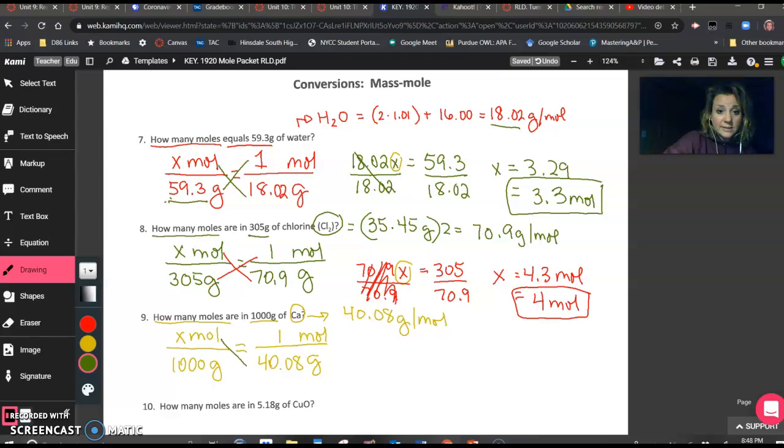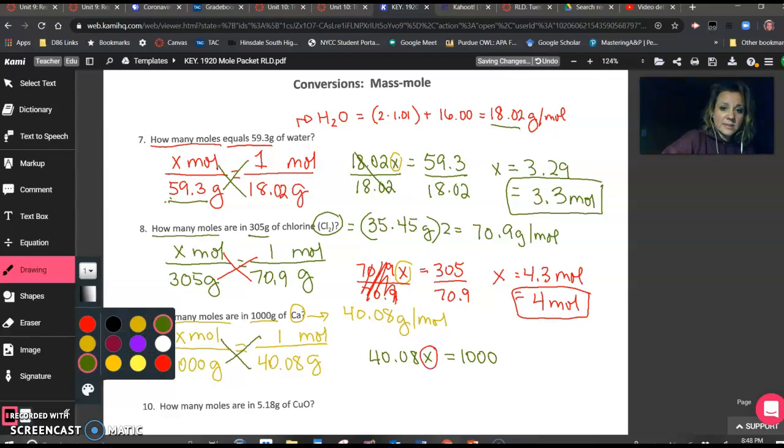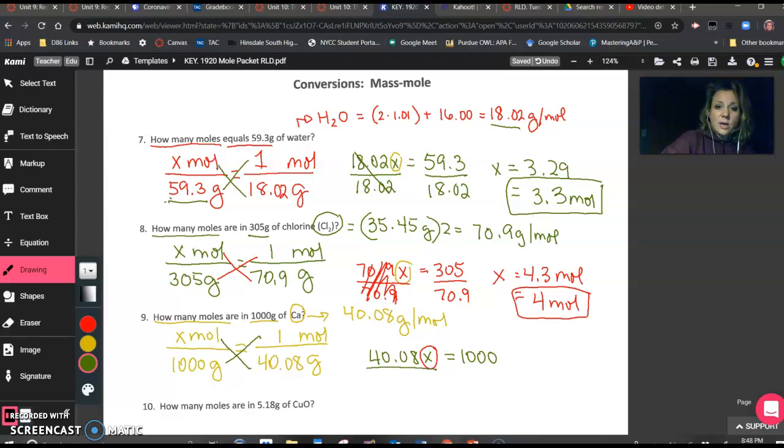So x times 40.08 is simply 40.08x, and that equals 1,000 times 1, which is simply 1,000. Now to isolate my x, I want to get x all by itself, so I have to divide both sides of my equation by the number that is in front of my x.